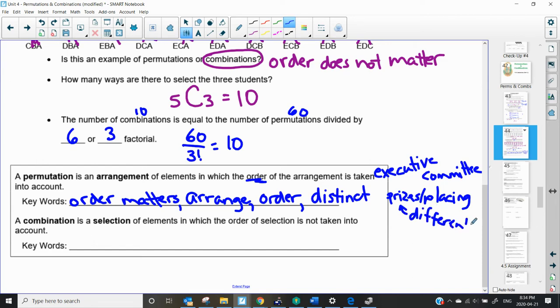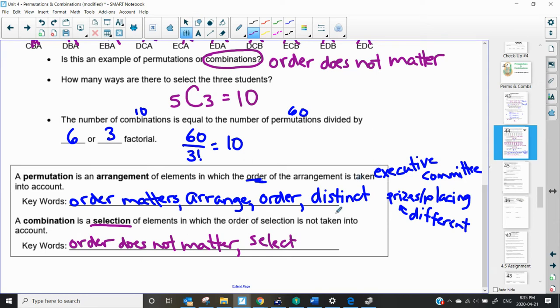Okay. If we want to look at keywords for combinations, first of all, with combinations, order does not matter. And one of the main keywords that we often see is selection or select.